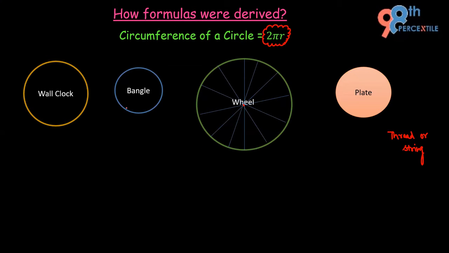Now take any object. First, let's suppose I'm taking a bangle, and take the thread. Place one end of the thread here and wrap the thread all around this bangle till the starting point.